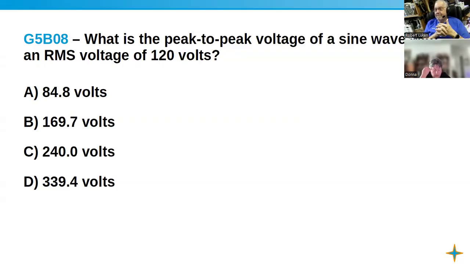We have an RMS voltage of 120, and that equals 0.707 times the peak. So 120 is equal to 0.707 times V peak.